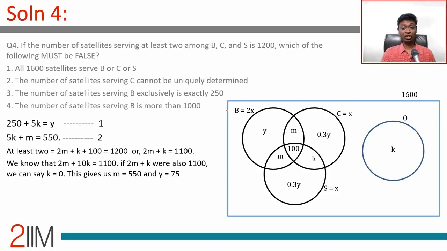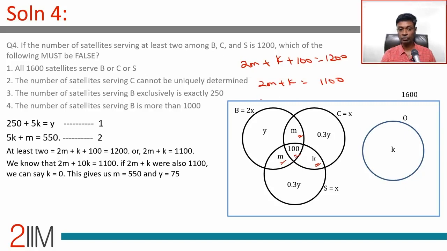The number of satellites serving at least 2 among B, C and S is 1200. Which of the following must be false? Or this you get a full information. At least 2 out of the 3, that is M plus K plus 100. 2M plus K plus 100 is 1200. 2M plus K is 1100.